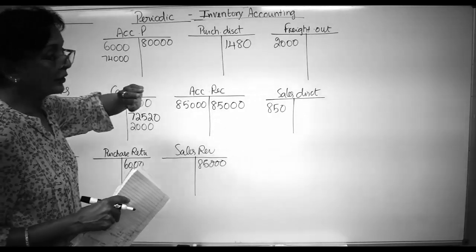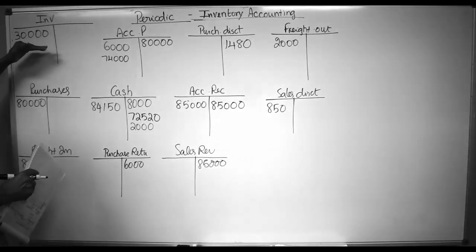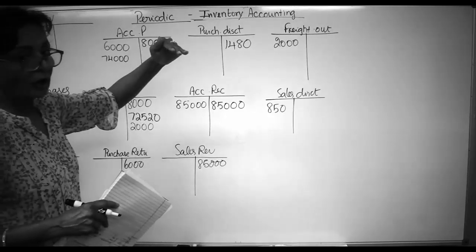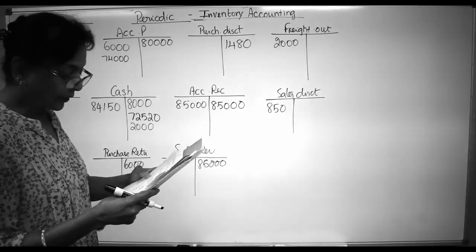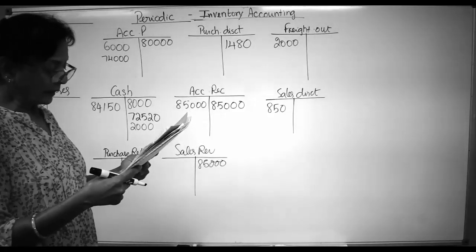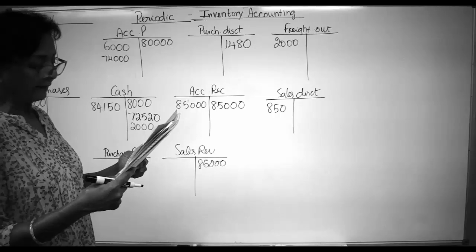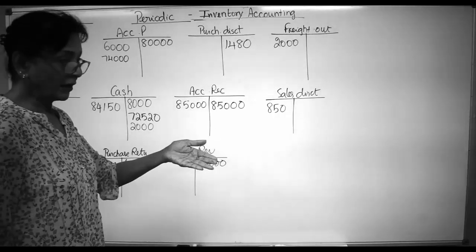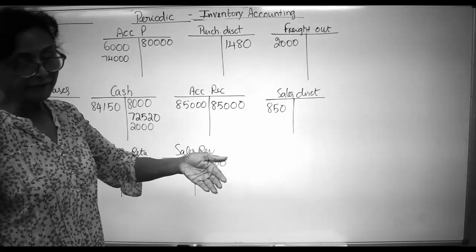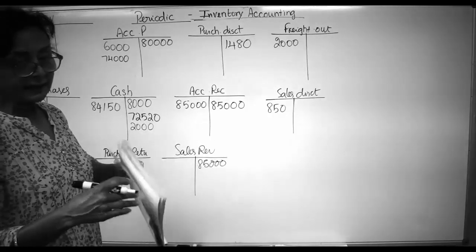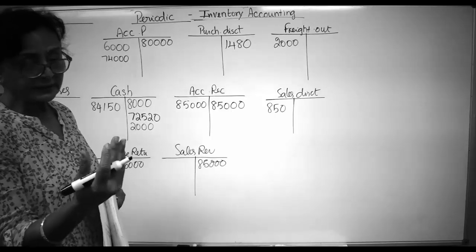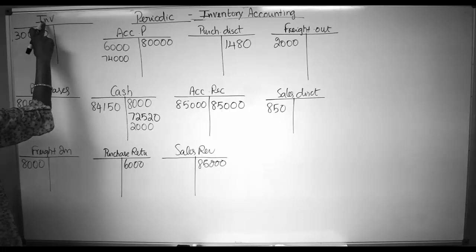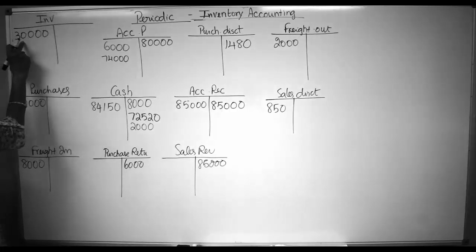It's also going to update the inventory balance for the ending inventory and then record the cost of the goods sold. So here your ending inventory is $65,520. This is the information the company will get after the physical count. The beginning balance is $30,000.